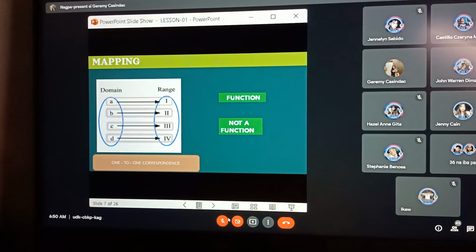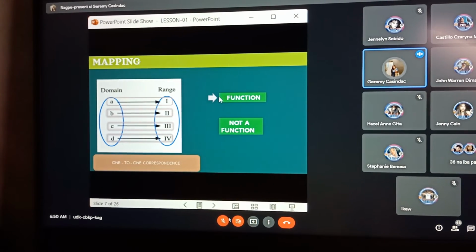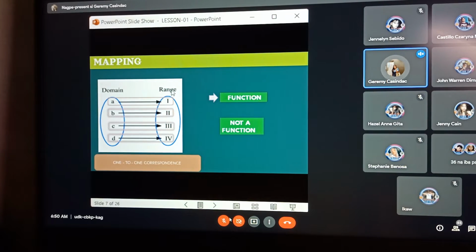Function po, ma'am. Okay, function. Again, you can only say that the given set of domain and range is a function if each element of domain has only one element in range. So therefore, this given example in mapping is a function.